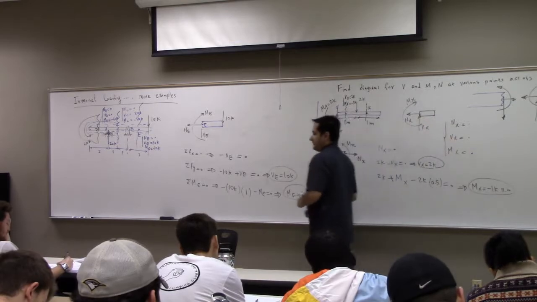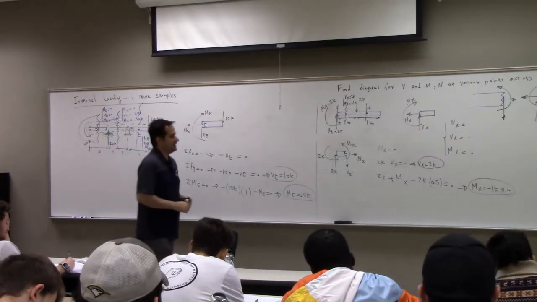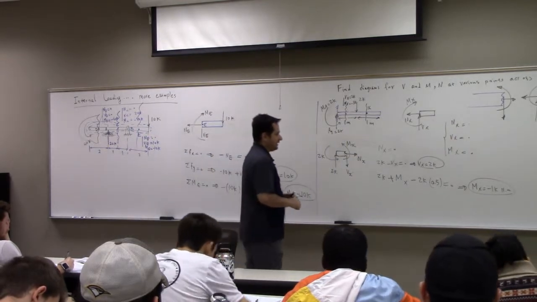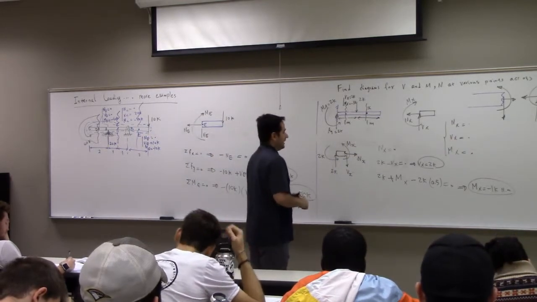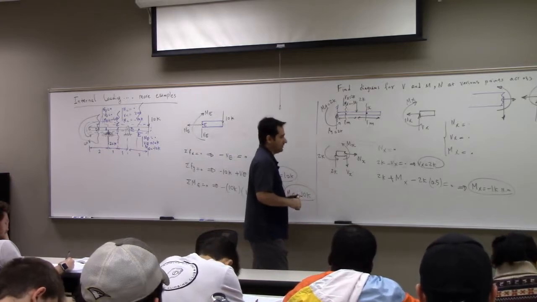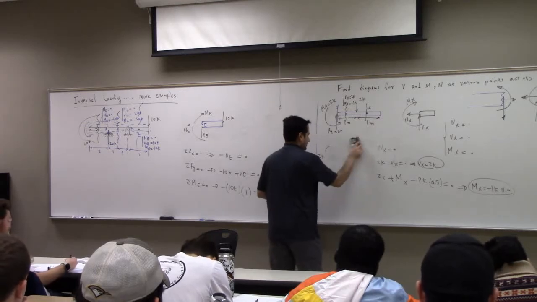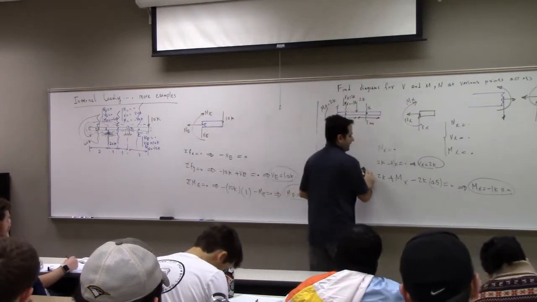Everything is 0. So here, what you can say is, in my structure, if I connect these dots together, I can draw a diagram. Should I do it right now?